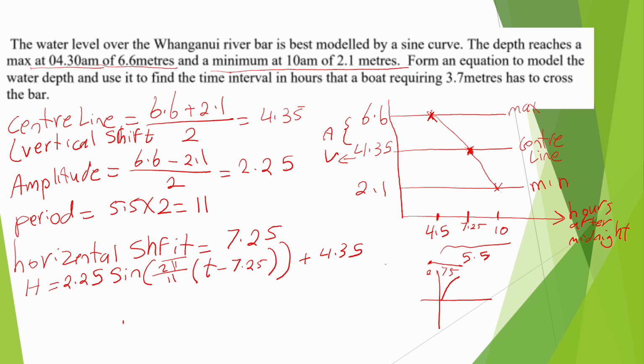And now to find the time interval in hours that a boat requiring 3.7 meters has to cross the bar. So that means you are substituting the height, 3.7 equals 2.25 sine 2 pi over 11 times, bracket, t minus 7.25, close bracket, plus 4.35.